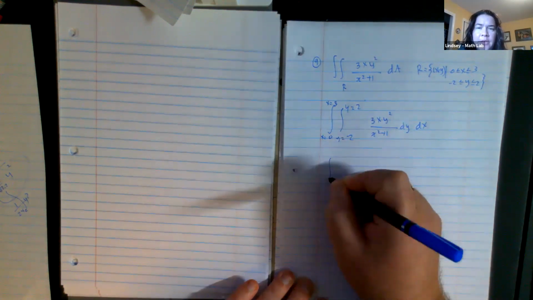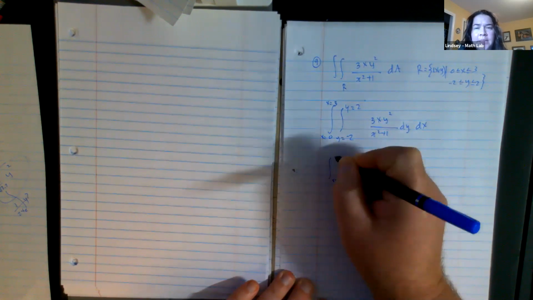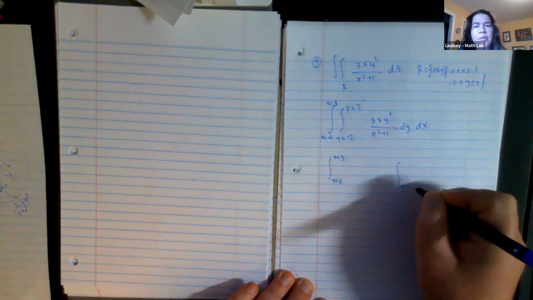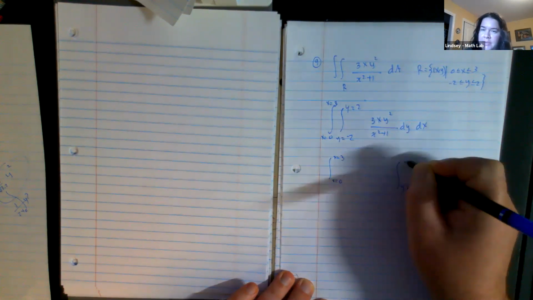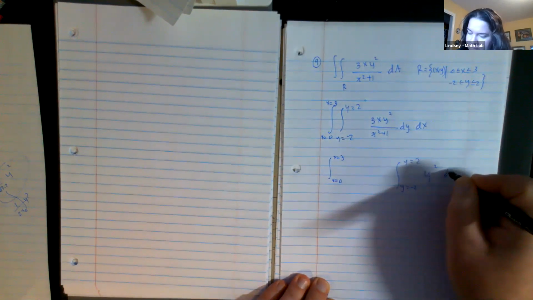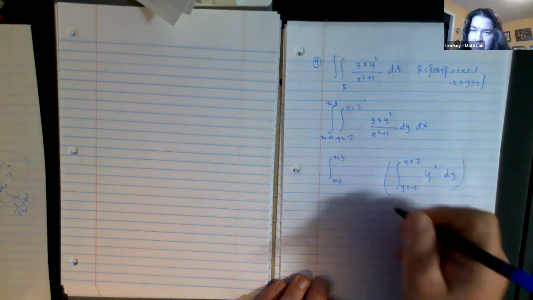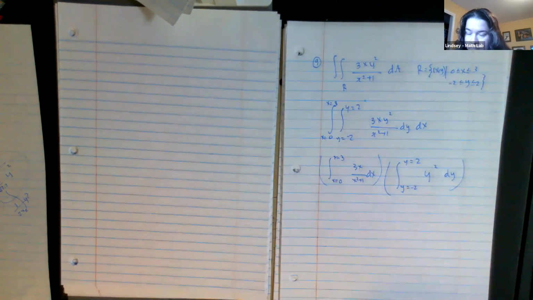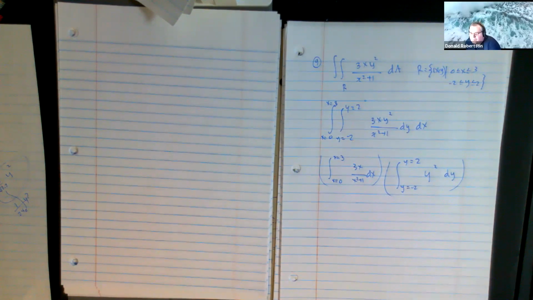Right, go for it. I would integrate by y first because it's only in the numerator and the rest is just kind of a constant along for the ride. So we're gonna do like, oh, or I guess you could separate it. Do you see how this one is separable?